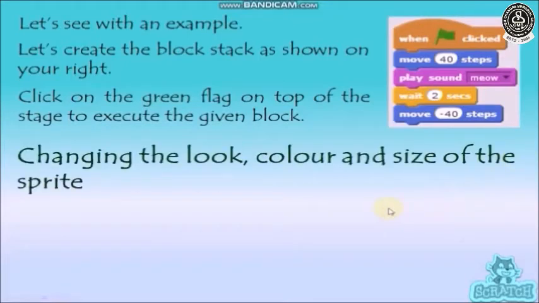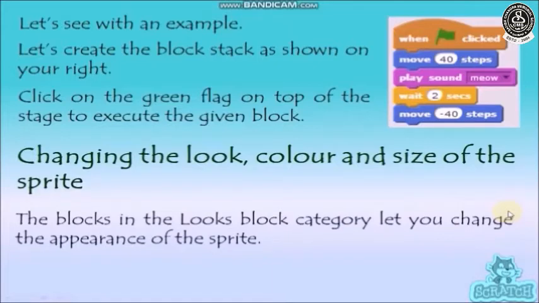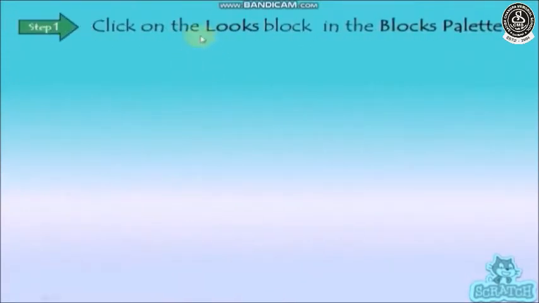Next one is changing the look, color and size of the sprite. The blocks in the looks block category let you change the appearance of the sprite. Let's see the following steps. Step 1, click on the looks block in the blocks palette.